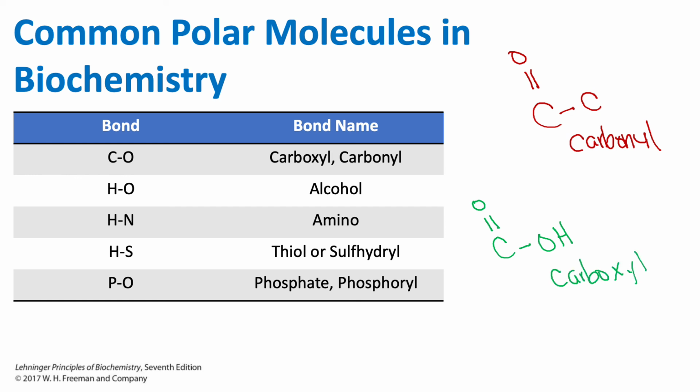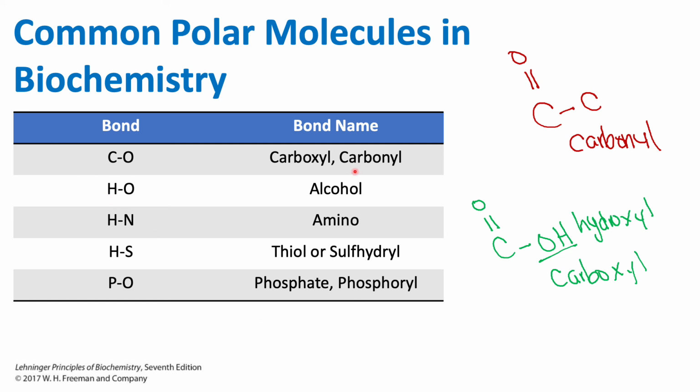So the way I remember it is that OH groups are commonly classified as hydroxyl groups. So if the double bonded oxygen has an OH, it is a carboxyl. If the double bonded carbon-oxygen bond has a carbon, it is a carbonyl. So the OH distinguishes whether it's a carboxyl or a carbonyl.